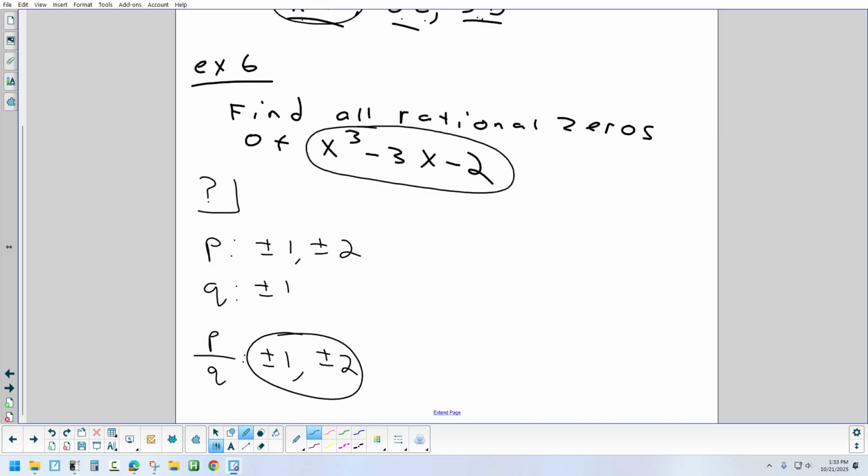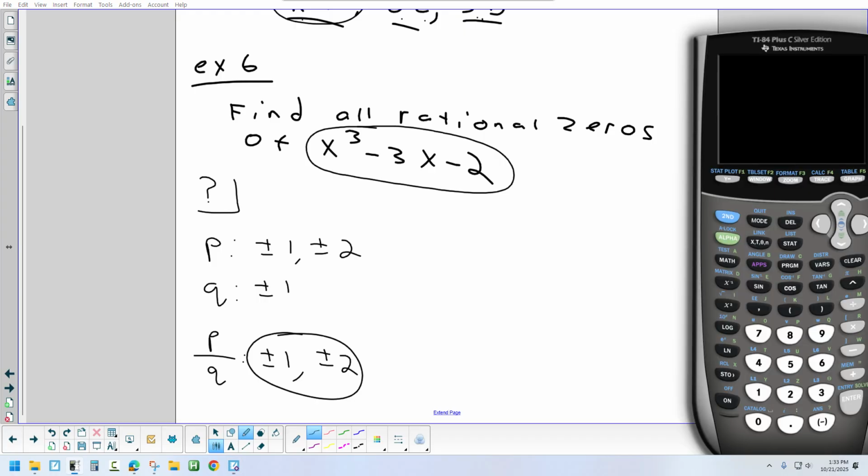That's it. If this graph is going to cross the x-axis at a number that's a fraction, because I could make these fractions if I put them over 1, it's either going to be 1, negative 1, 2, or negative 2. So what I do is I look at the biggest one, positive 2, and the smallest one is negative 2. If I set my window to a standard window on the calculator, I will definitely see everything that could be in this list. Okay.